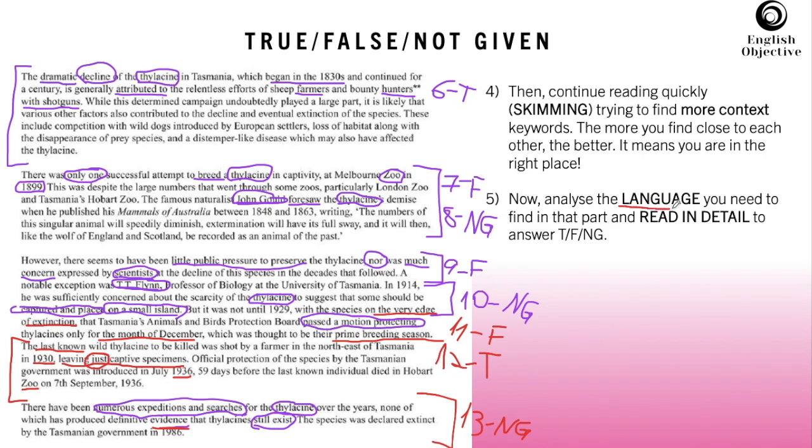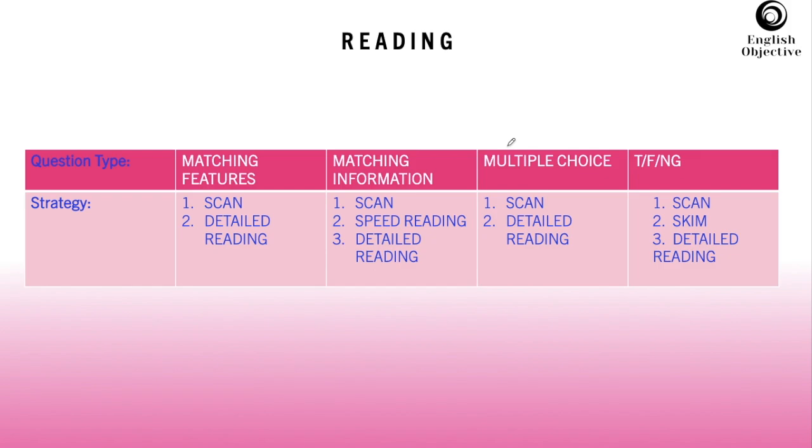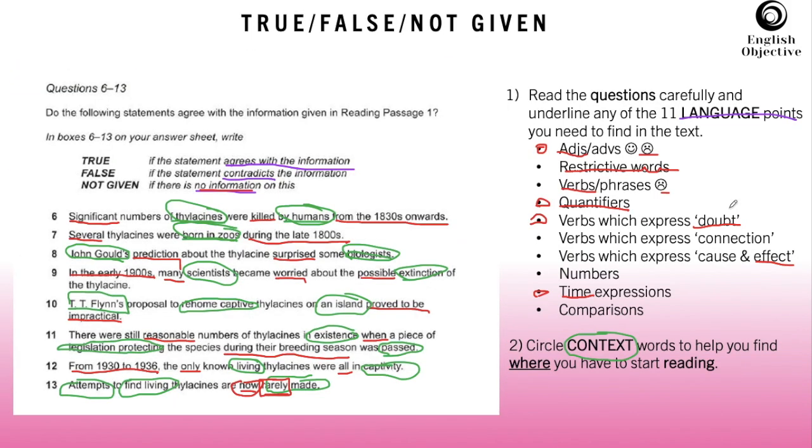Remember that that's what gives me the answers, it's not the context keywords. The context keywords just help me to find the right place. The answer is about the language. Okay, guys, so for the true false not given or yes no not given, remember that they follow the same step-by-step strategy. What I do first is scan. I scan looking for the context keywords in green.